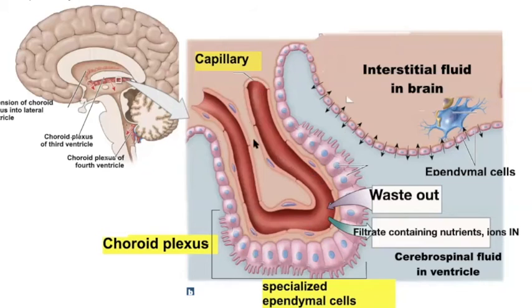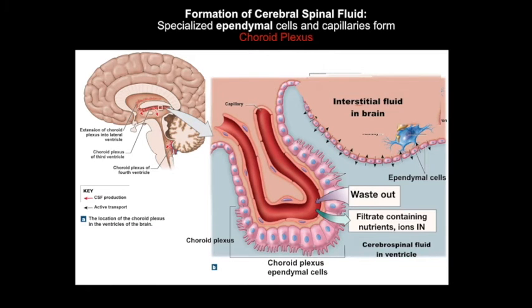So that is where your cerebral spinal fluid is made, and all this little red stuff in your ventricles is choroid plexus. This is one of the few places in the brain where there's a free exchange between the capillaries and the brain tissue. Keep that in mind once we get to the blood-brain barrier.